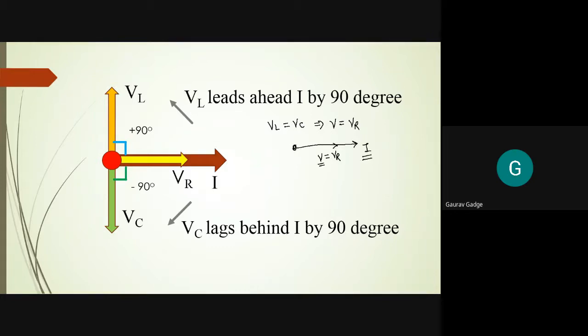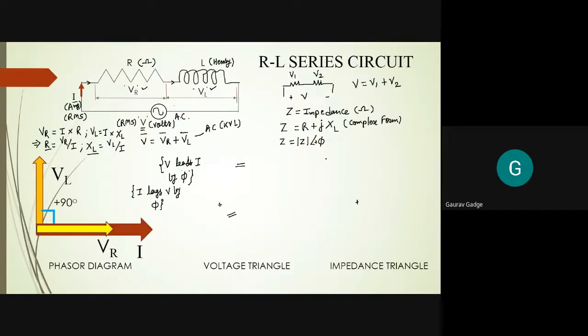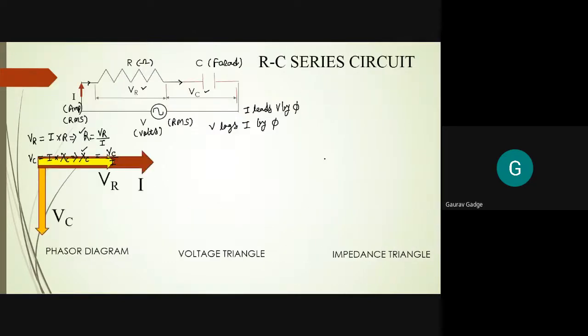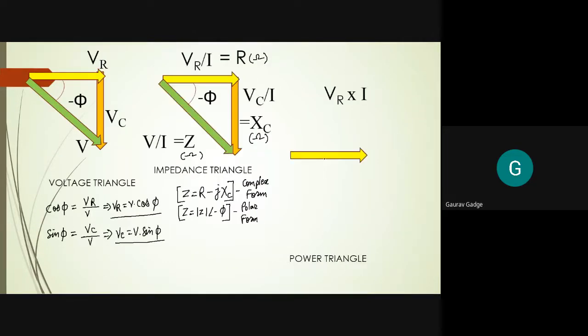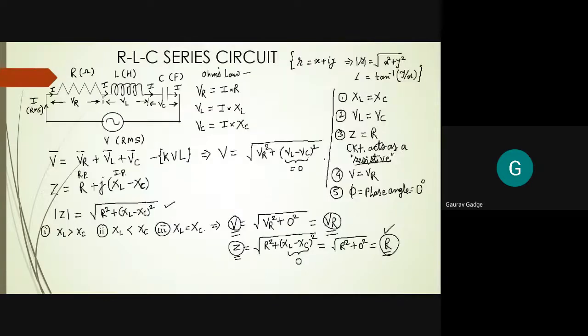When we say voltage is in phase with current, we can say the phase angle phi is equal to 0, because both voltage and current are in phase. Okay. So when we have resonance condition, phi is equal to 0.